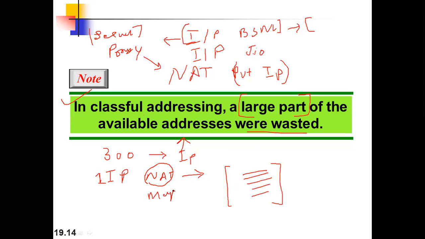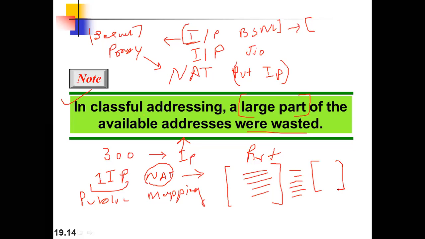So there will be a mapping of public address, and this is known as the public address, right? And this is known as the private address. So there will be a mapping of public and private addresses. A private address can be given to any PC, and there will be no cost for that.